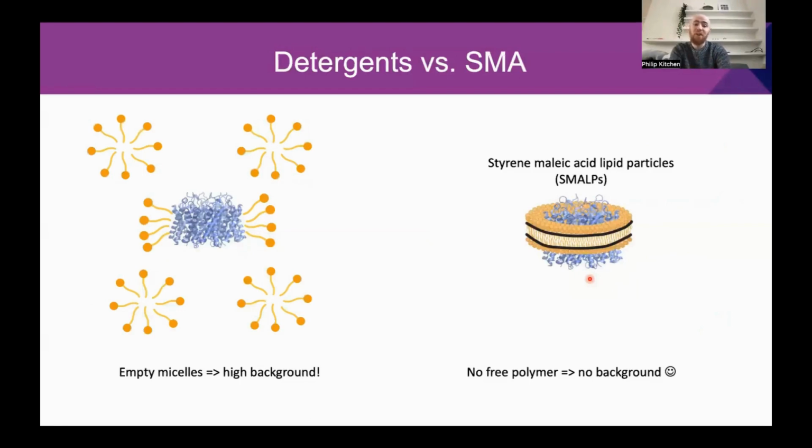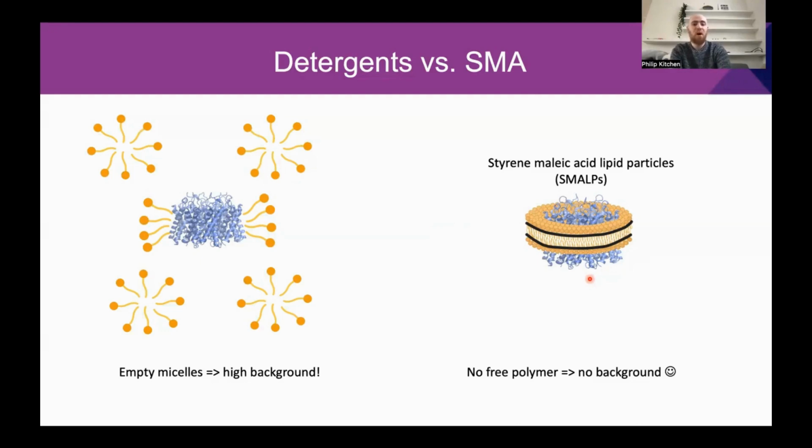Especially for mass photometry, I think this difference is really important because when you solubilize a membrane protein using detergent, you always have to have detergent present above the critical micelle concentration of the detergent. Otherwise, the micelles fall apart, the detergent falls off your protein. Because it's hydrophobic, it's going to come out of solution, you lose your sample.